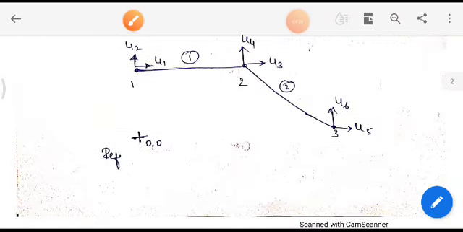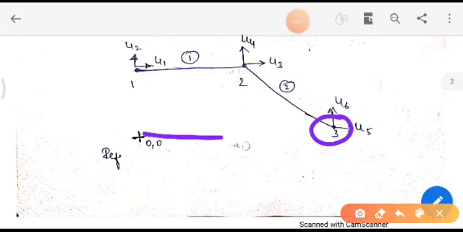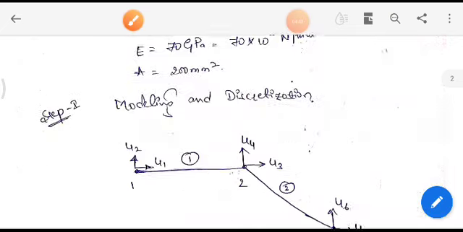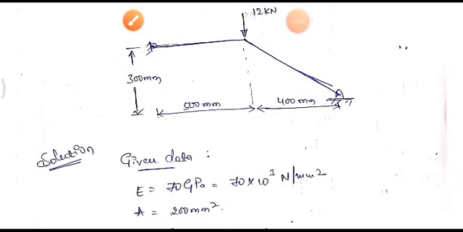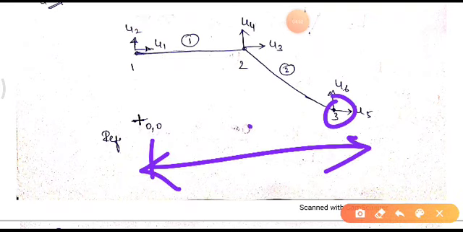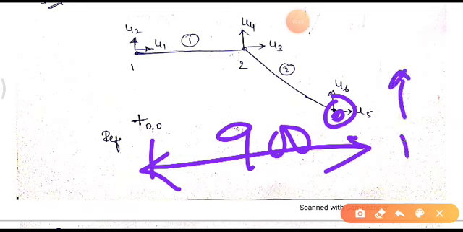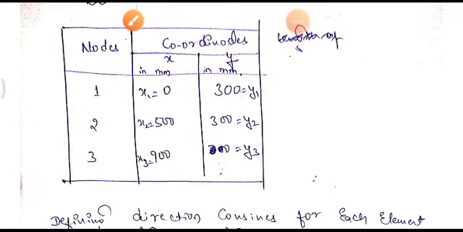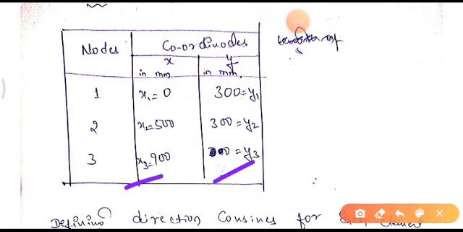Similarly, node 3 is at a total distance of 500 plus 400, which is nothing but 900 in the x direction. It is at 0 in the y direction, meaning it has no vertical position offset. So the coordinates are 900, 0.